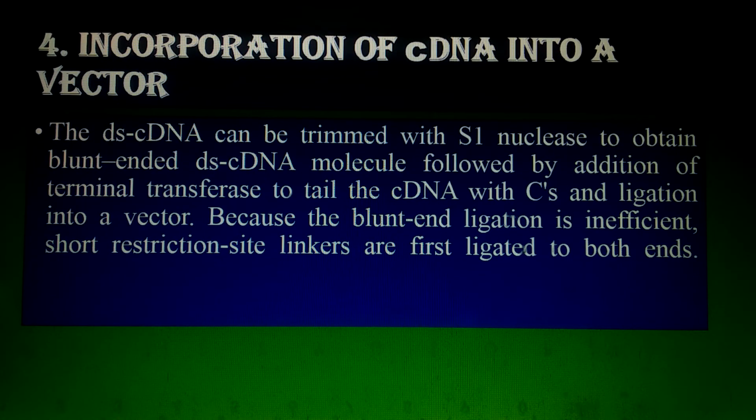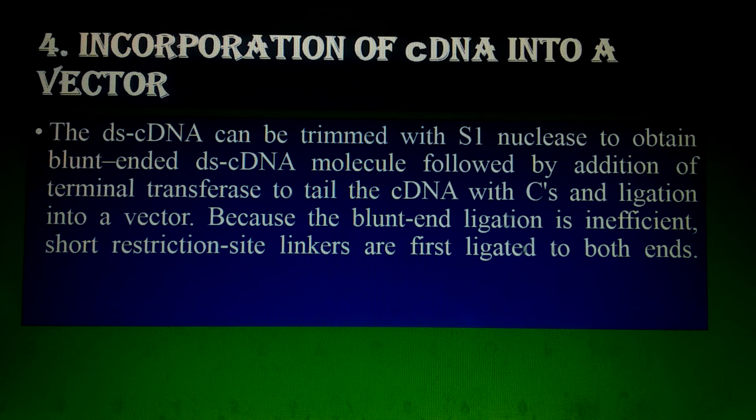Now the incorporation of the cDNA into the vector. Now the double-stranded DNA has been trimmed with S1 nuclease to obtain a blunt-ended double-stranded cDNA molecule, followed by the addition of terminal transferase to tail the cDNA with C's, and C means cytosines, and ligation into a vector, because blunt-end ligation is inefficient.